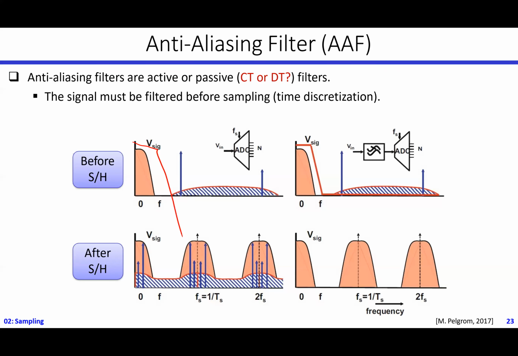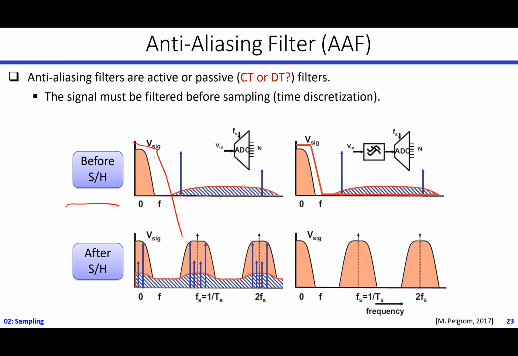Because when we are applying our anti-aliasing filter, we are applying it before we do the sampling. So at that time, our original signal is still in continuous time, and that's why my filter should be a continuous time filter.